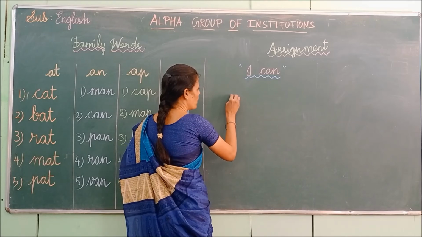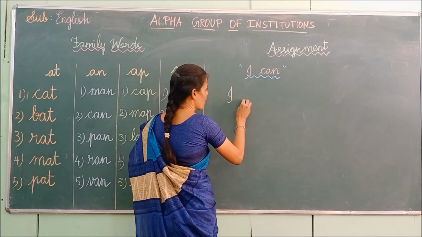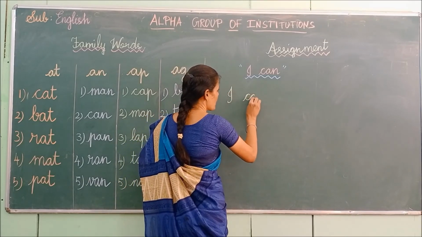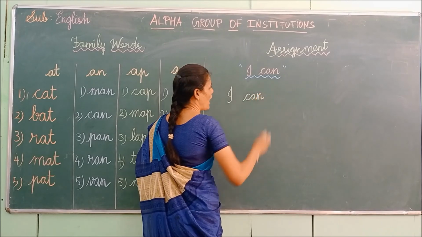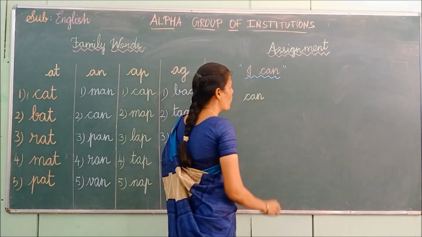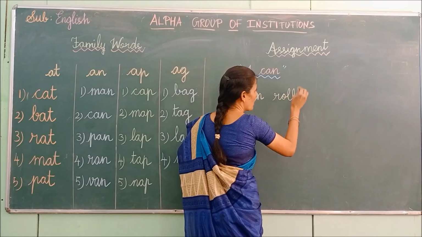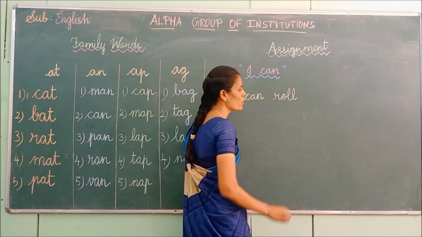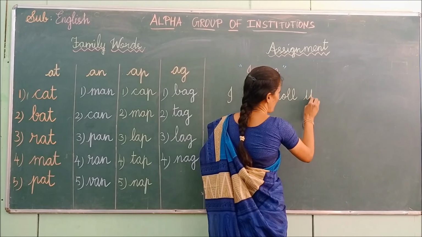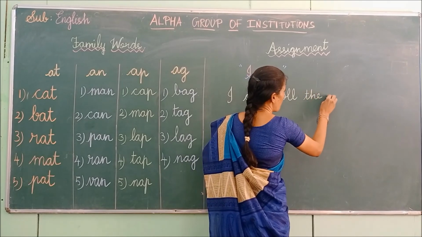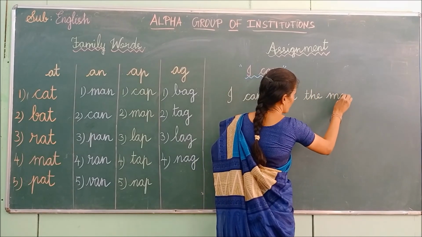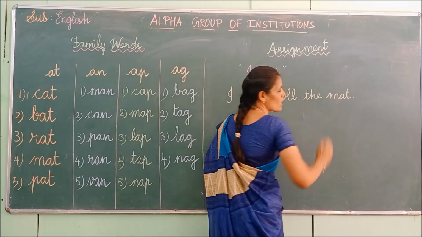For example, I can. C-A-N. I can roll. R-O-L-L. Roll the. T-H-E. The mat. M-A-T.